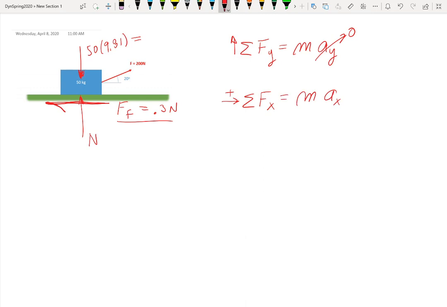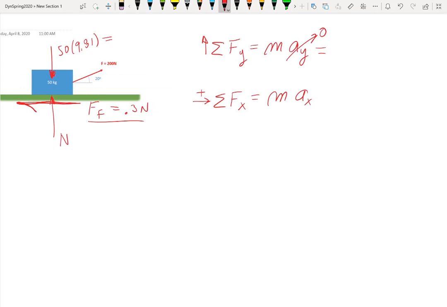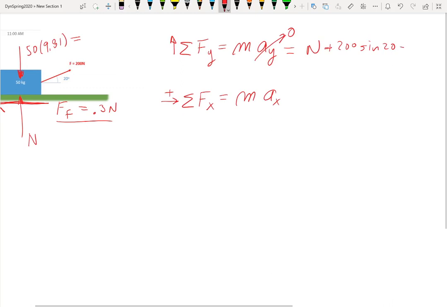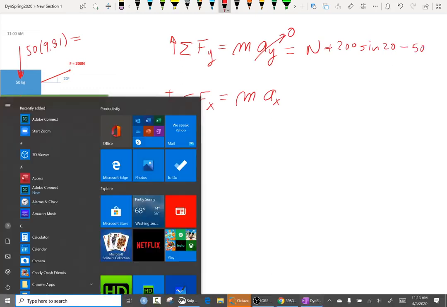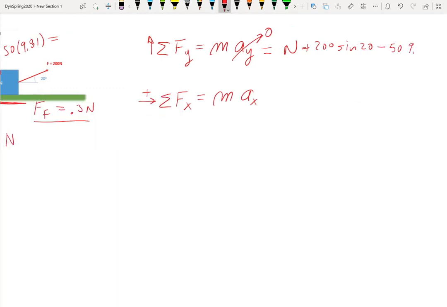You're pulling it, so it's going to move, unless you don't pull it hard enough. So from this, you're just going to have normal force being positive plus 200 sine of 20 minus 50 times 9.81.